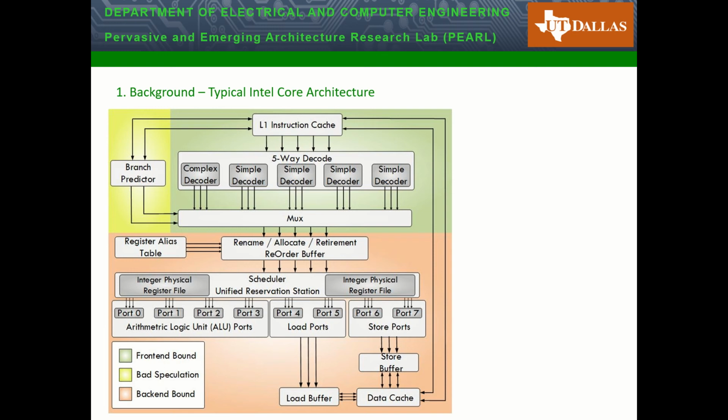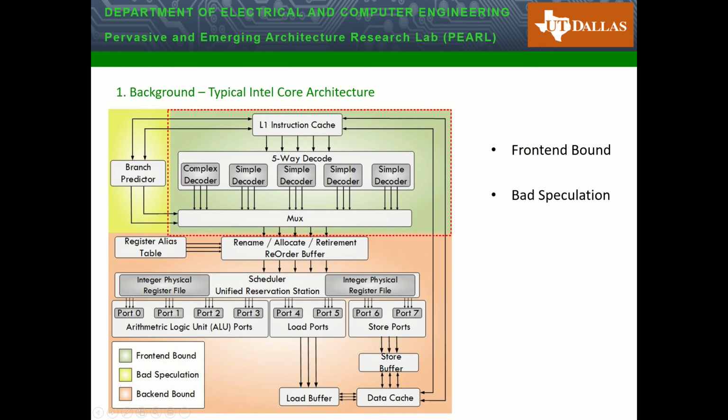Retiring reflects the issued macro operations eventually get retired, while the other 3 metrics mean the issued macro operations get stalled. Front-end bound denotes that instruction fetch stalls will prevent the core from making forward progress due to lack of instructions. The front-end bound happens at the front portion of the processor.